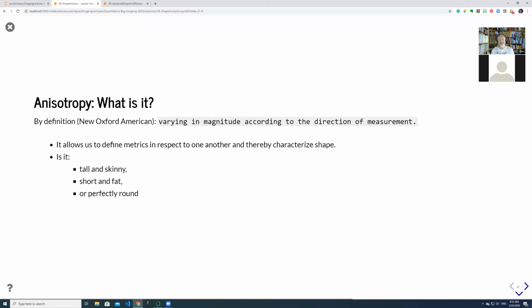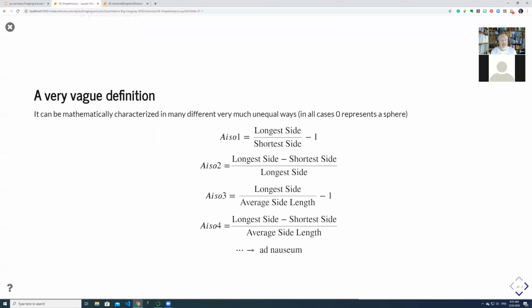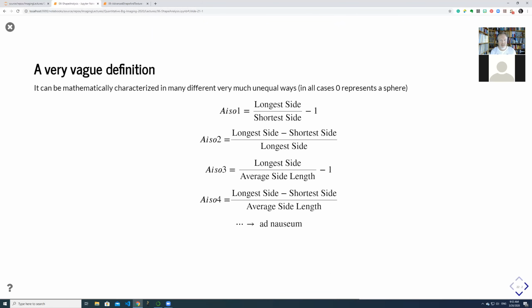You could say tall and skinny, short and fat, or perfectly round. So that's a way to tell about the shape of the object. Actually, short and fat and tall and skinny is in principle the same thing.